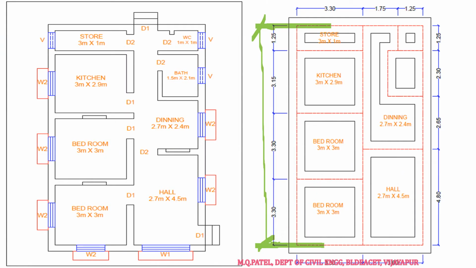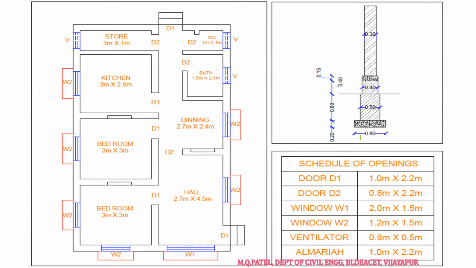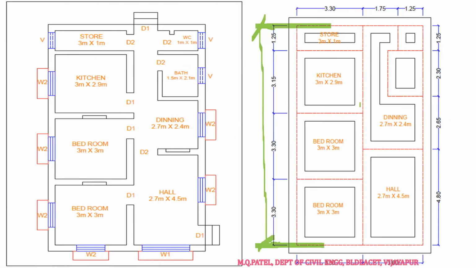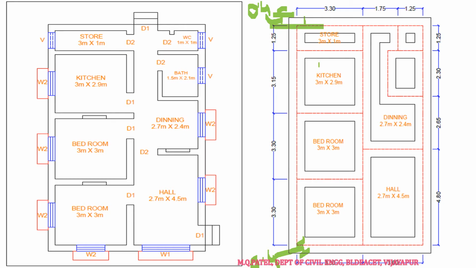So now the width of the bed concrete is 0.8. So here on this side this is the center line. Here I have to add 0.4, right? And next here I have to add 0.4, here I have to add 0.4, right? So if you add up these things you will get the answer.